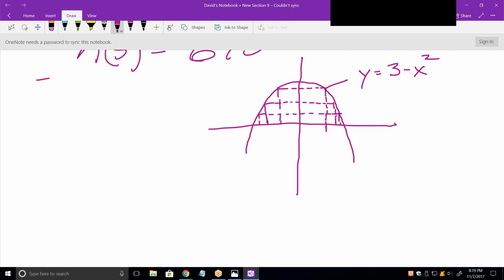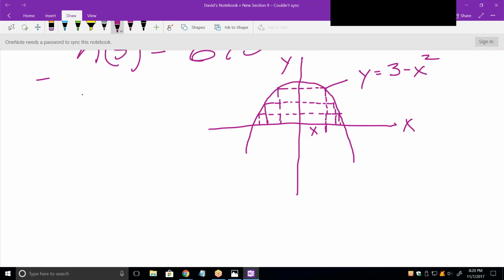I'm going to call that dimension right there x. Makes sense since that's the x-axis. That's the y-axis. So whatever dimension I come up with is going to be x. What's the height? Y. Yep, exactly.